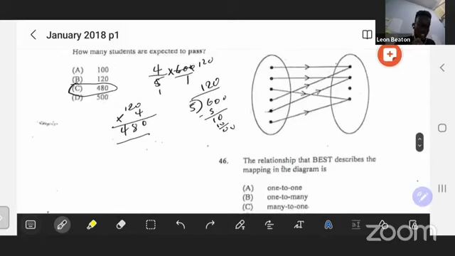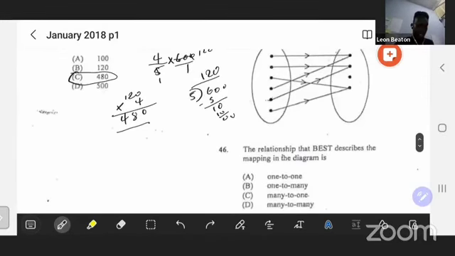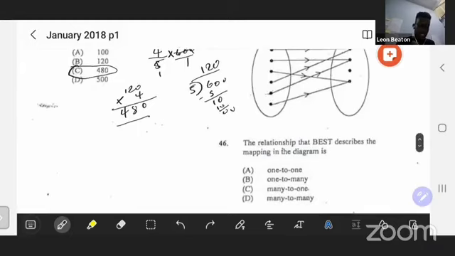So this here is going to this one. This can be many to one, which is C, because you have 2 here going to 1. So a many to one relationship best describes this mapping.